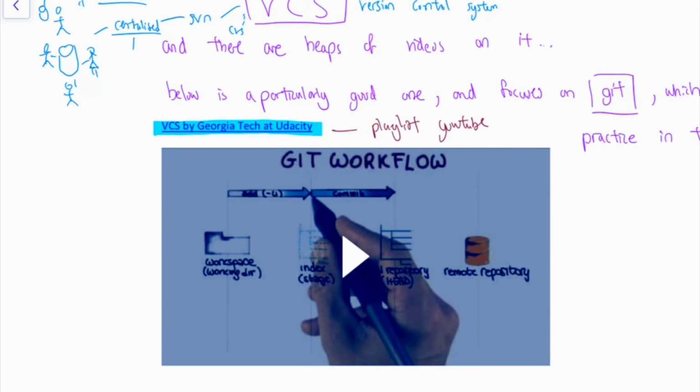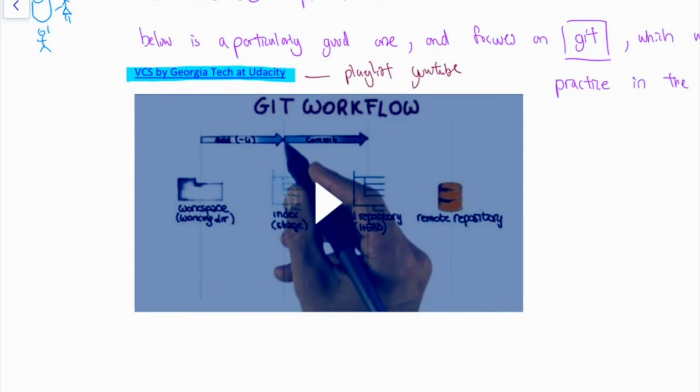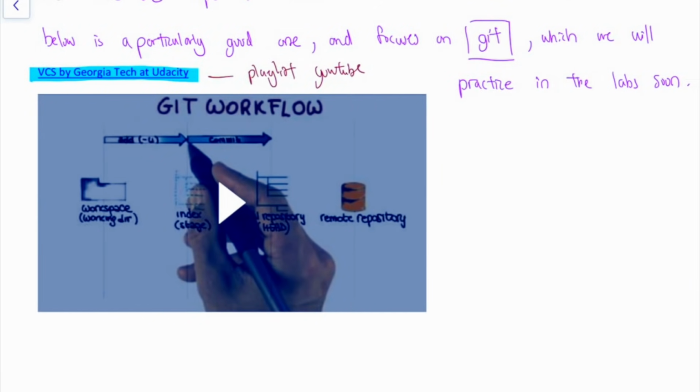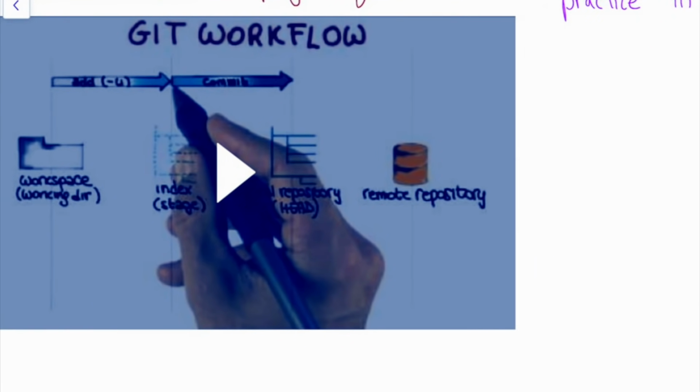Distributed VCSs are actually a bit harder to wrap your head around, in terms of how the different processes work. So it's good to look at the videos and practice, and try to see how this whole workflow goes in order to do nice collaborative development.